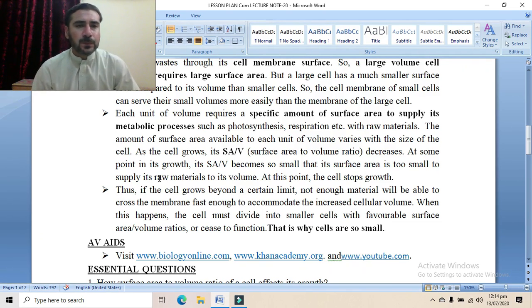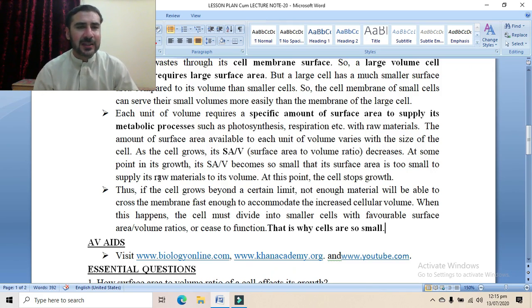Now, whenever the cells are small, they have a large surface area. That large surface area can easily fulfill the nutrient requirements of the internal volume, because the surface area is more and the internal volume is less.